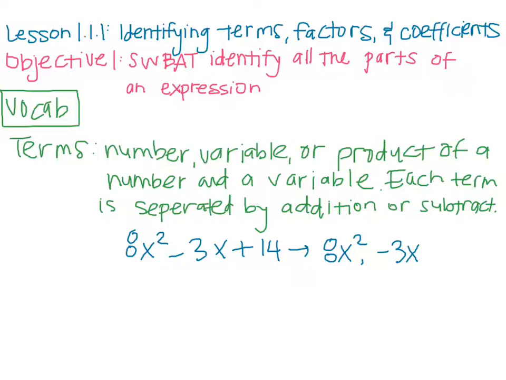Now you might look at that and think that's not negative 3x, it says minus 3x. Well, that minus sign stays with the 3, and it becomes negative 3x. Our last term is 14. You'll see that it has an addition sign in front of it, which means it's positive, so I'm going to just write positive 14.